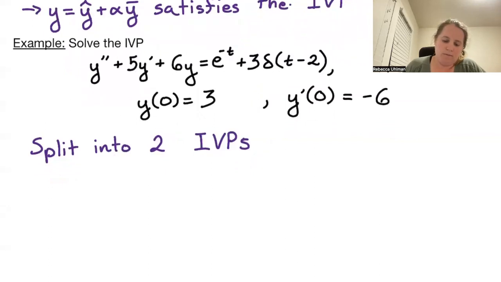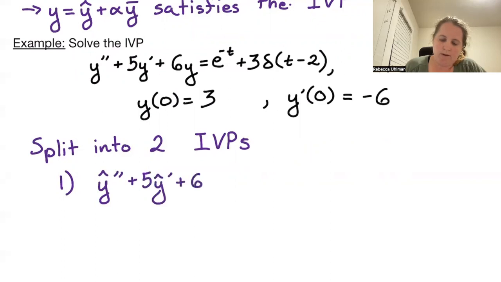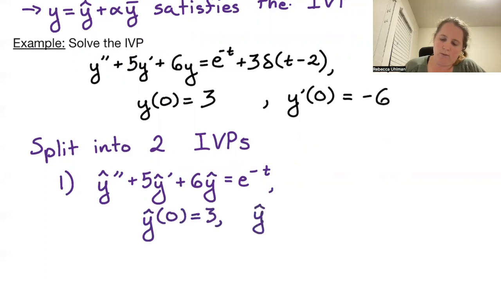So the first one will be y hat double prime plus 5y hat prime plus 6y hat equals e to the negative t, with y hat of 0 equals 3 and y hat prime of 0 equals negative 6.